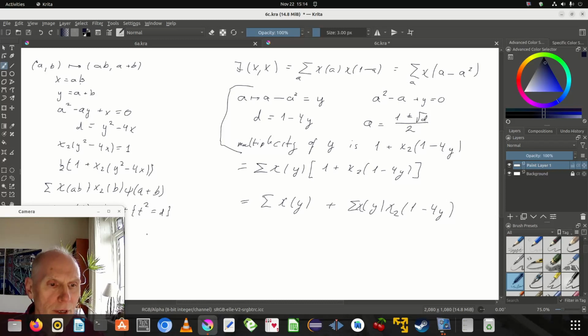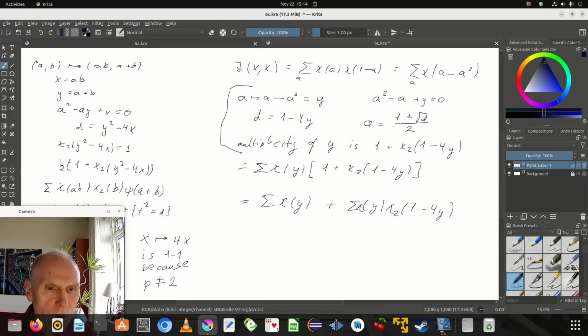Now the map x maps to 4x is 1:1 because the character is distinct from 2. So we can actually just substitute. Oh, now what do we do here?